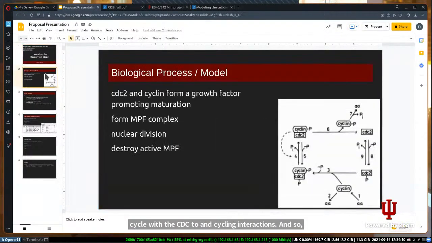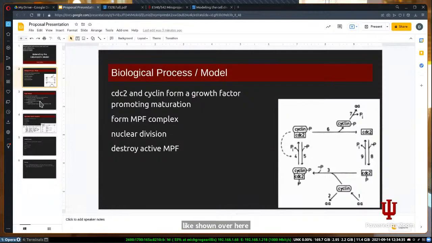Basically the paper is talking about how these 2 molecules are formed in the cell, and they form an MPF complex, which forms a growth factor, and then the cell splits, and then it destroys the MPF complex, and you get this cycle that's shown over here.